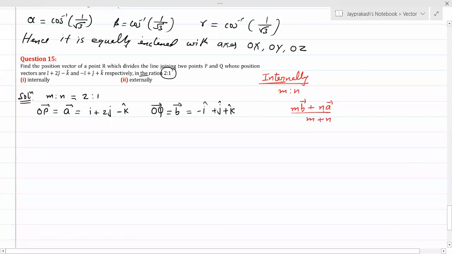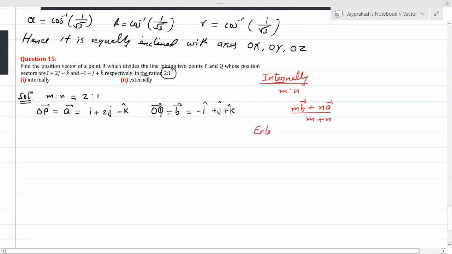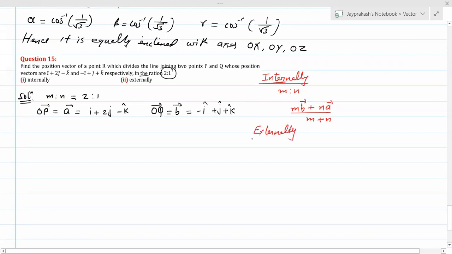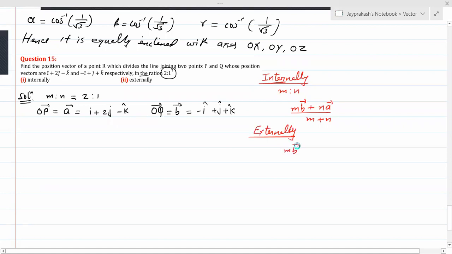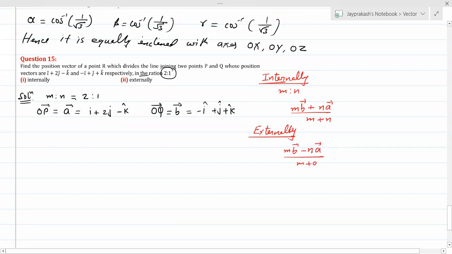This is for the internal division. Now if both vectors are dividing externally, then for external division we have to consider the vector as (mb minus na) upon (m minus n).